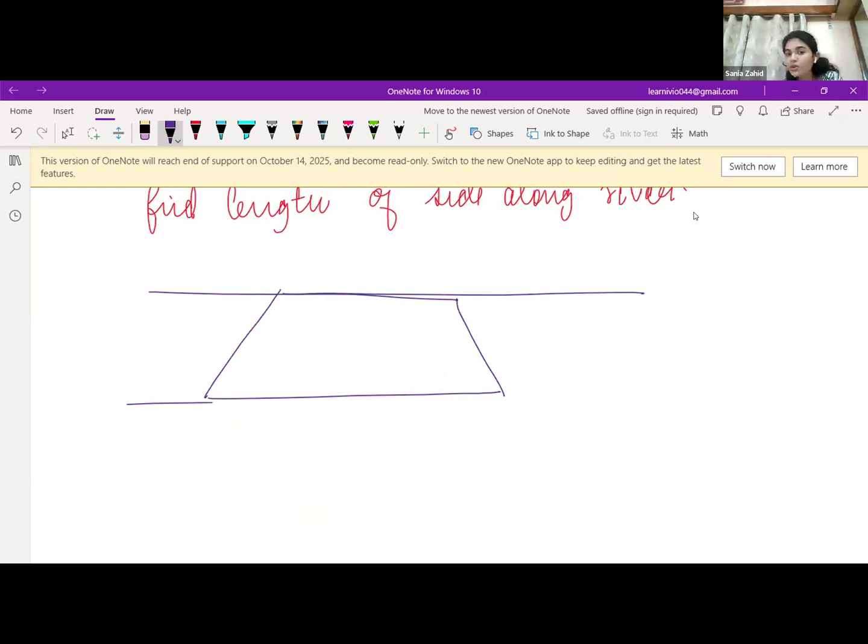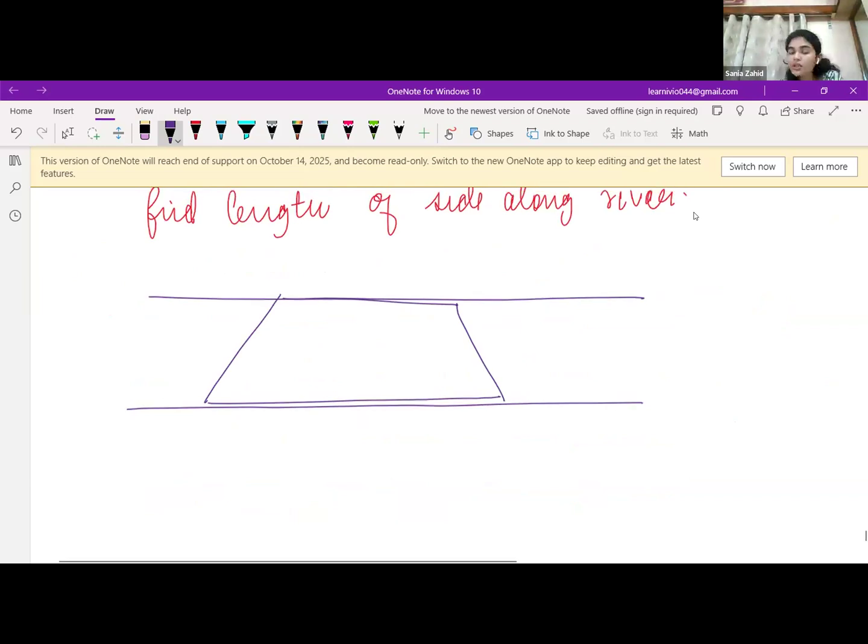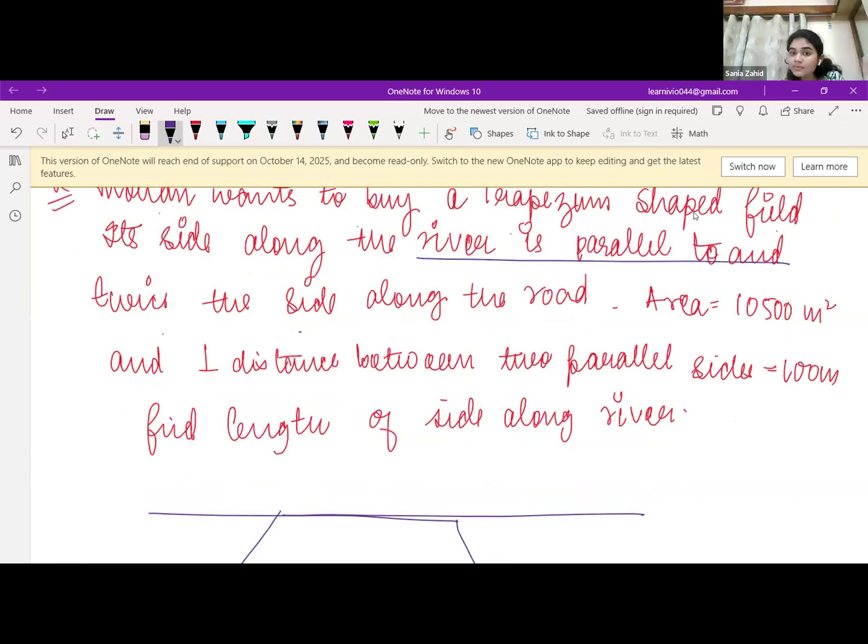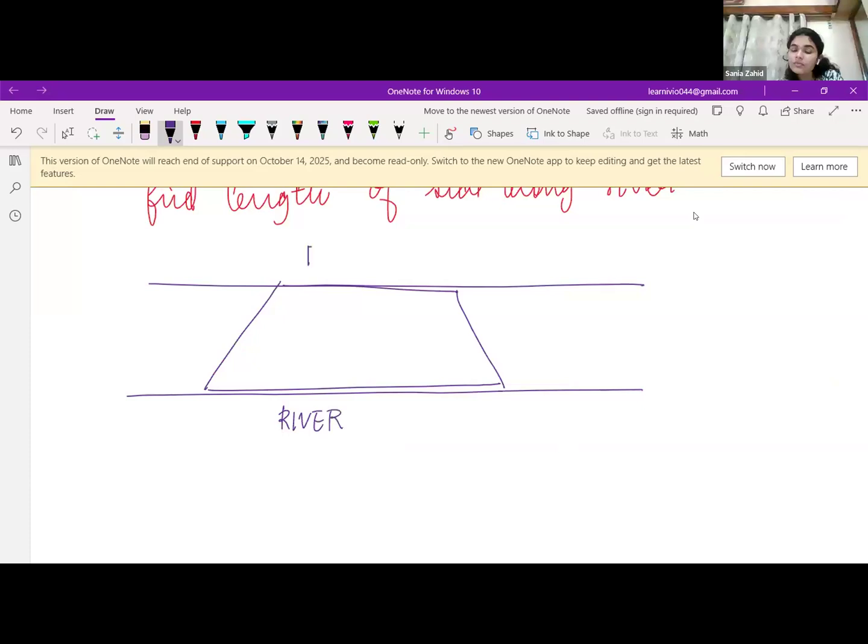I don't know which side is river, which side is road. Now look very carefully. The side along the river is twice the side along the road. This is parallel to this.